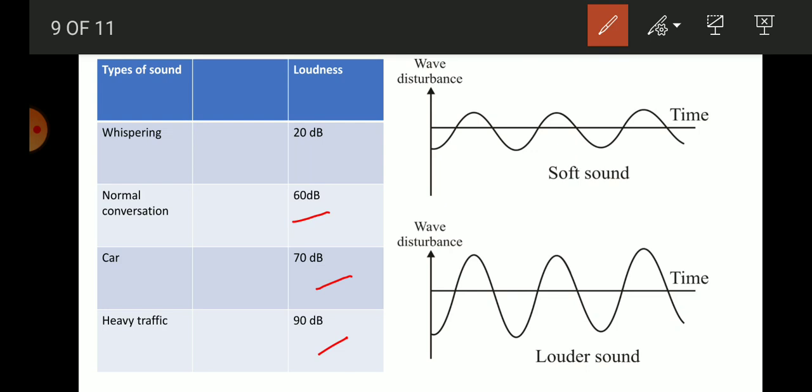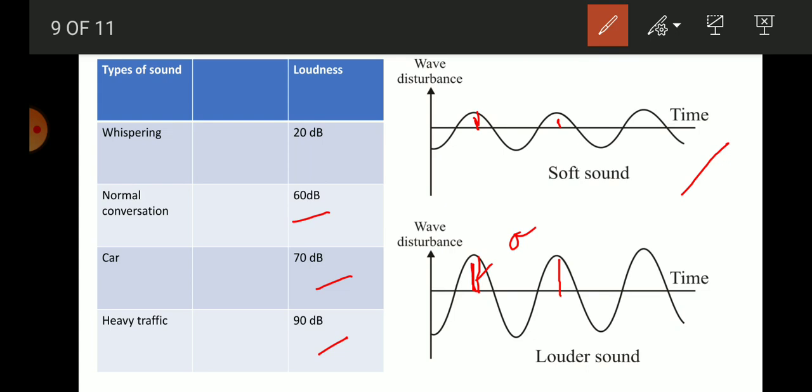Now let us compare the amplitude of a soft sound and a louder sound. In the first case, the amplitude is less than that of the second one. In the second one, the maximum displacement, or the amplitude, is much more than that of the first one.